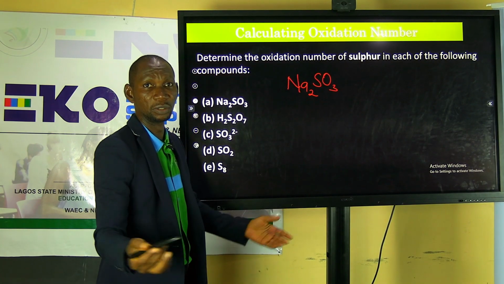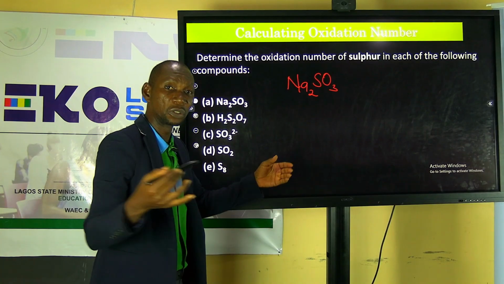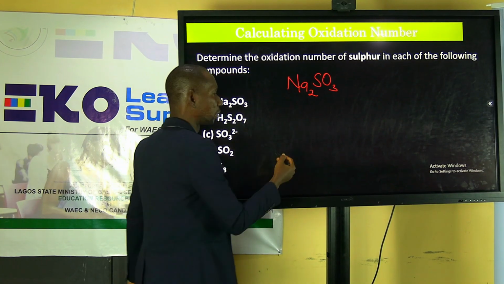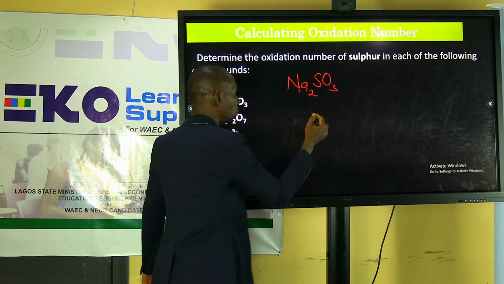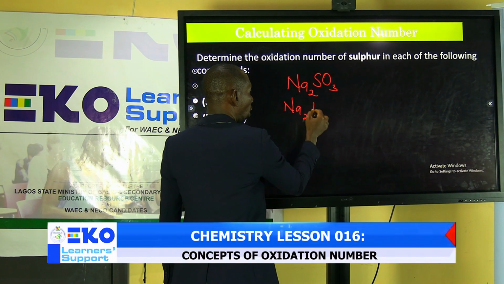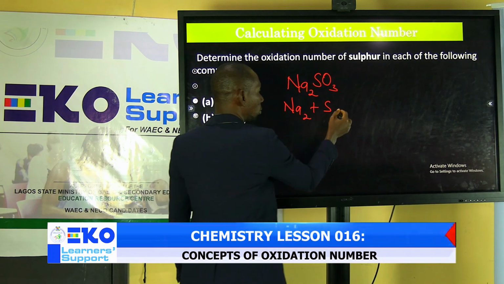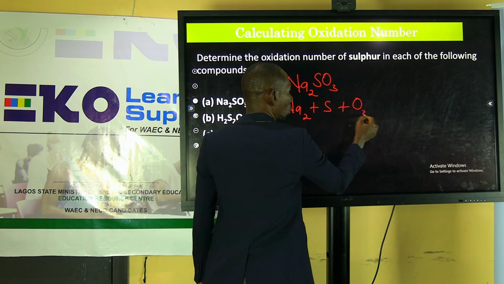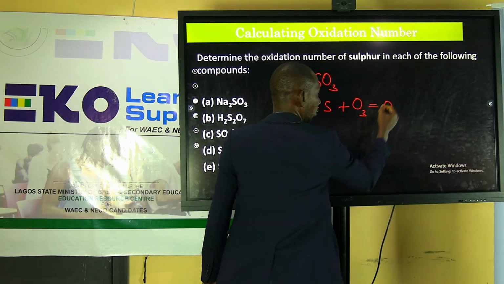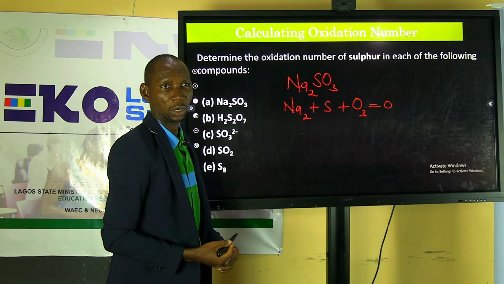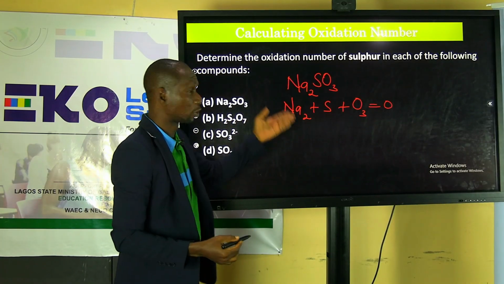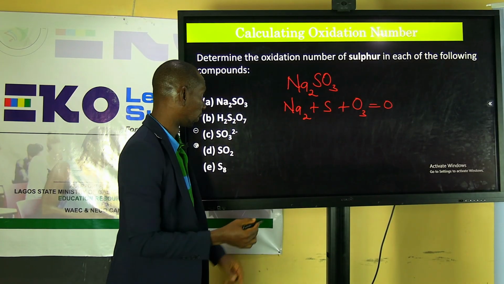The first rule says that the sum of oxidation numbers of atoms in a compound, when you put those atoms together, will be equal to 0. So let's just separate all the atoms. So this is Na2 plus S plus O3. They will all be equal to 0. That's the first rule. We are asked to calculate the oxidation number of sulfur. Do not forget that.